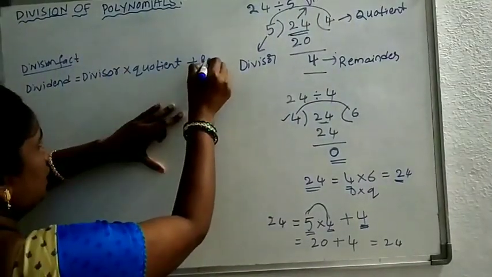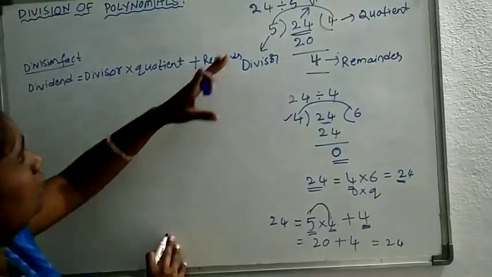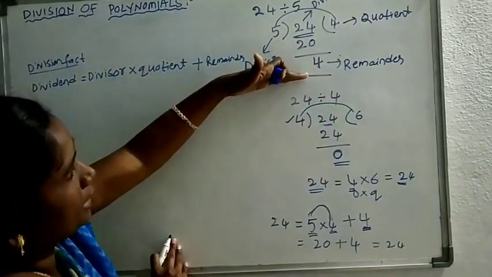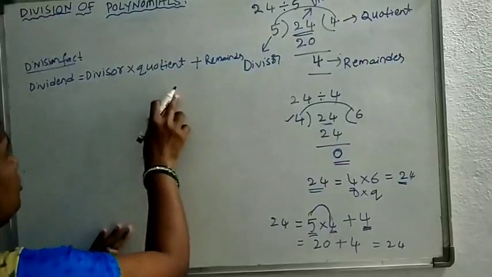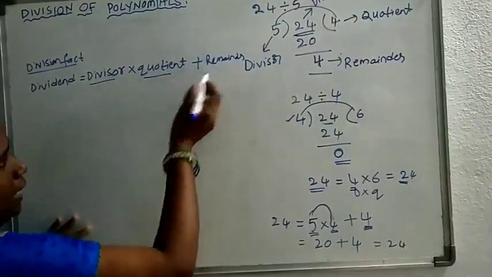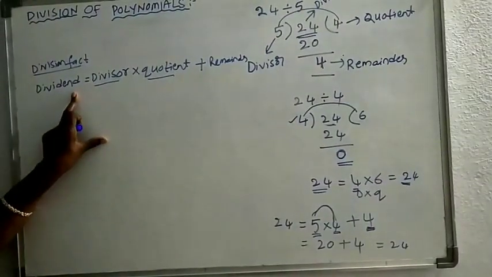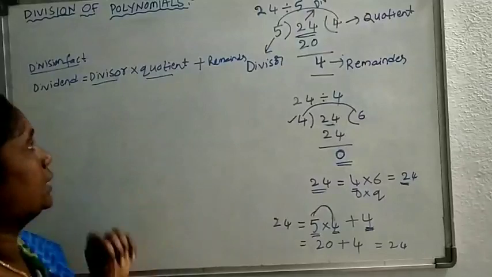This is a remainder. For every division, you can check whether the division you did is wrong or right with this division fact. If you multiply divisor into quotient and add the remainder to that product, you will get the dividend. Then your division is correct.